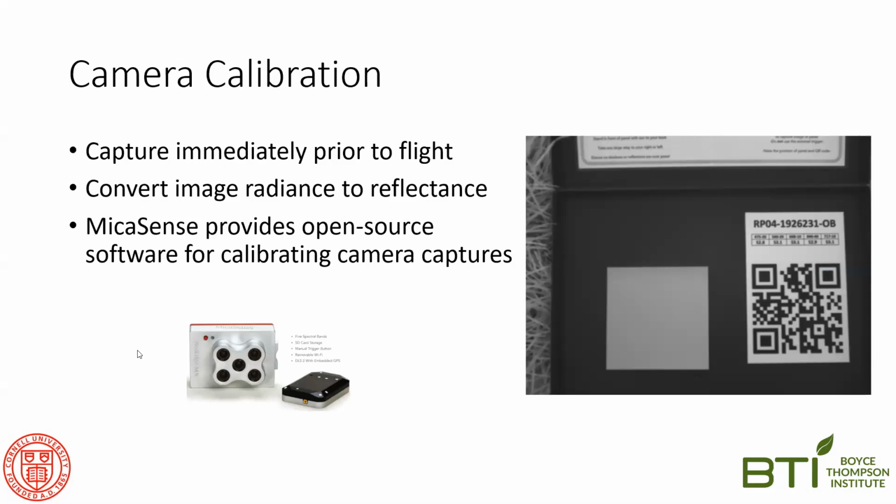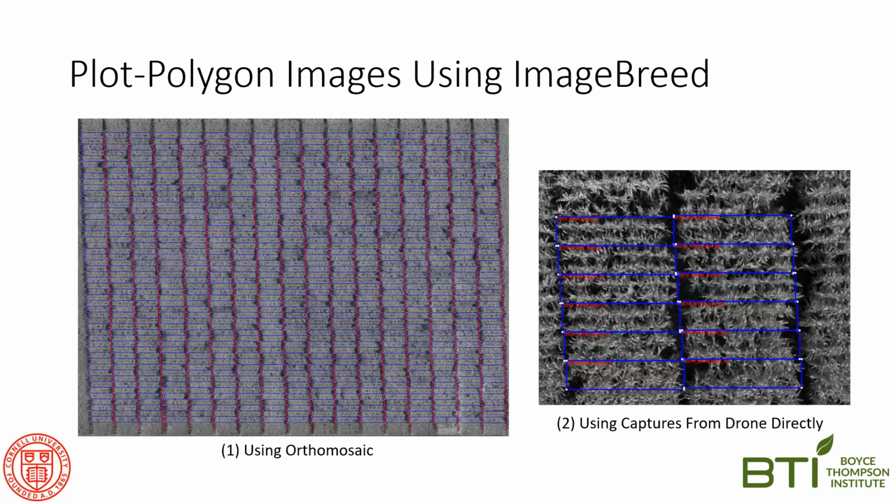MicaSense provides some code for doing this, and software knows how to use this calibration. Ultimately, ImageBreed is about this process of assigning plot polygons to the images that are collected, and these plot polygon images are related to the field experiment.